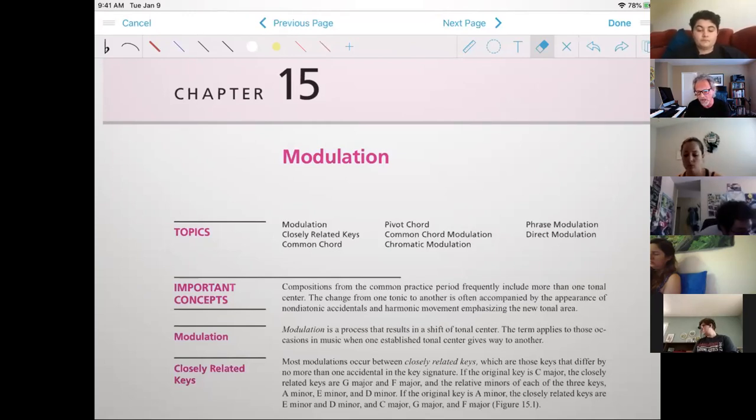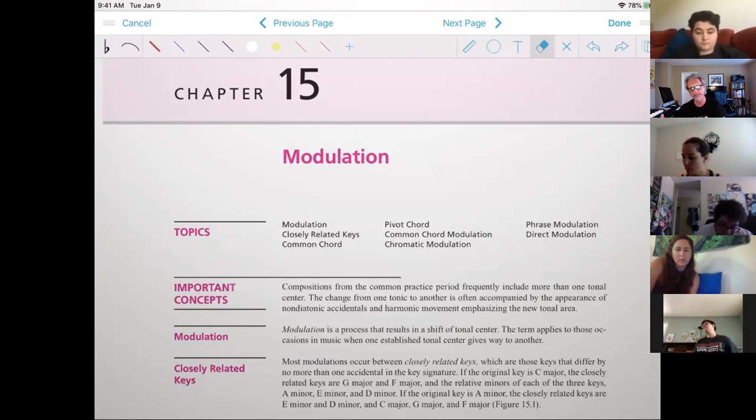Now, modulating means I'm taking an entire package of a key and I'm moving that key center from one place to another. By the time I go to this new key, the chords that I'm playing in that key, the harmony and the melodic content too, has all shifted to a new key, even though I'm not going to use a new key signature.